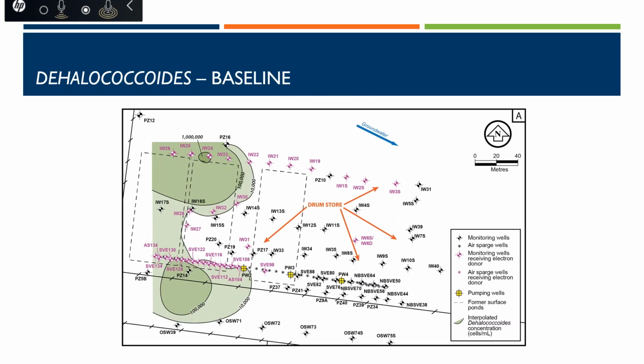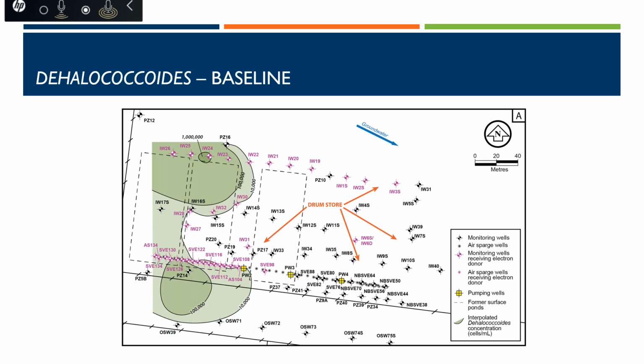So here is a contour map like those you commonly see for contaminant concentrations, but this one is for concentrations of Dehalococcoides during the site assessments that took place in 2011. So Dehalococcoides concentrations were only greater than the 10 to the 4 cells per milliliter recommended threshold for generally effective rates of reductive dechlorination in the areas of the source zone.